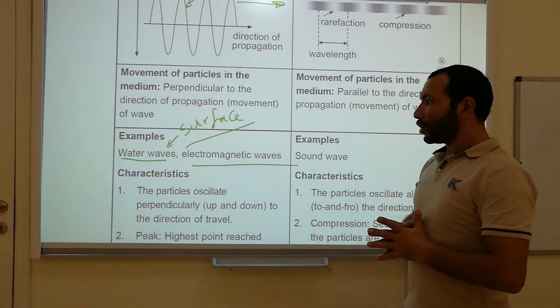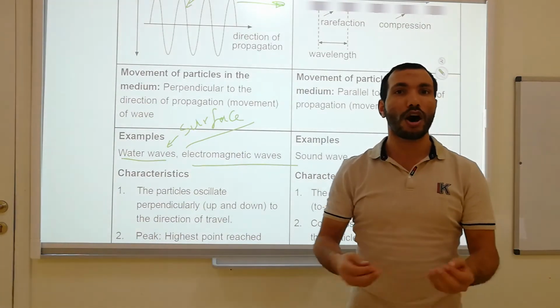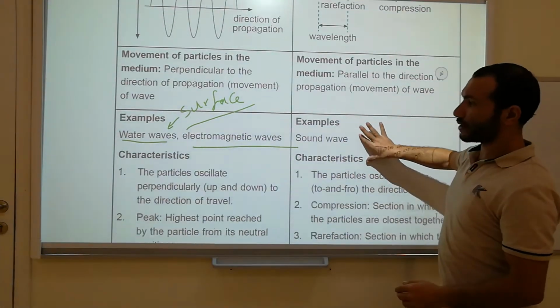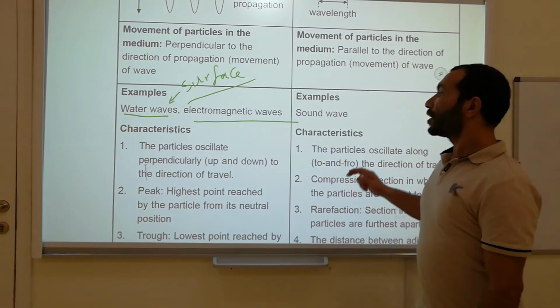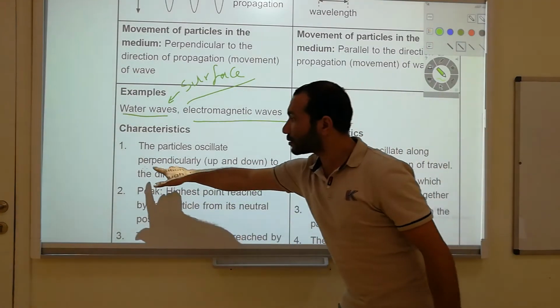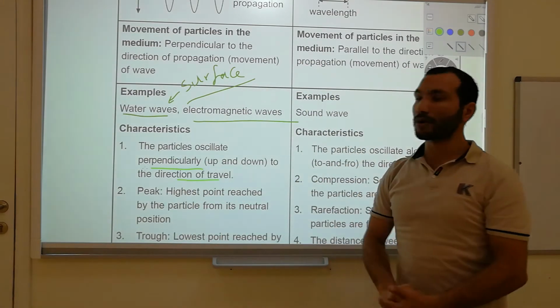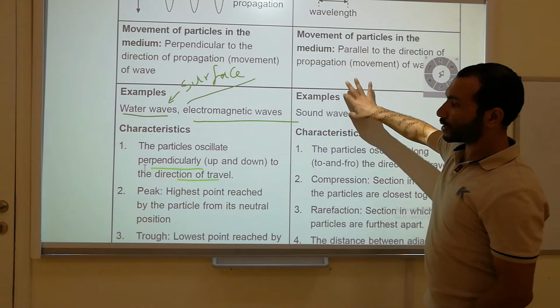But what are the characteristics of transverse waves? Number one, in transverse waves the particles oscillate perpendicularly, meaning they move up and down, perpendicular to the direction of travel.